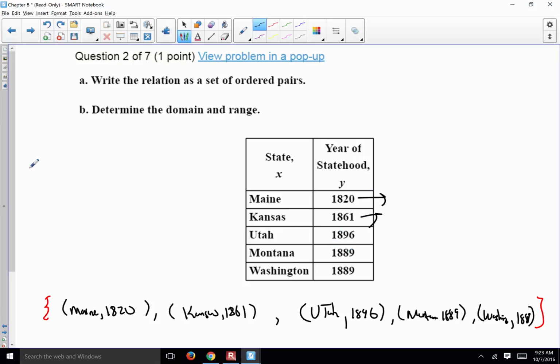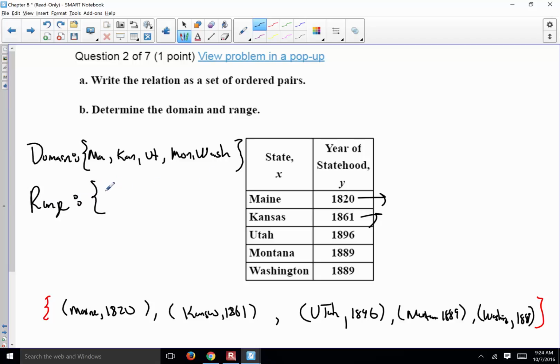What is the domain? Domain is Maine, Kansas, Utah, Montana, and Washington. And range is all those numbers: 1820, 1861, 1896, 1889, and 1889.